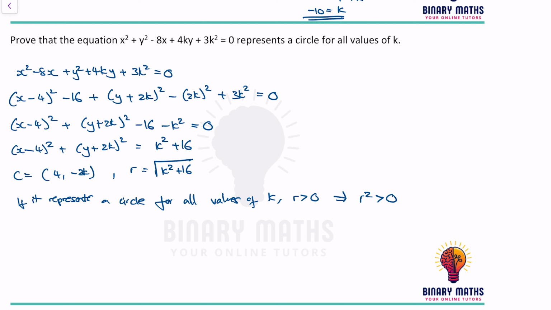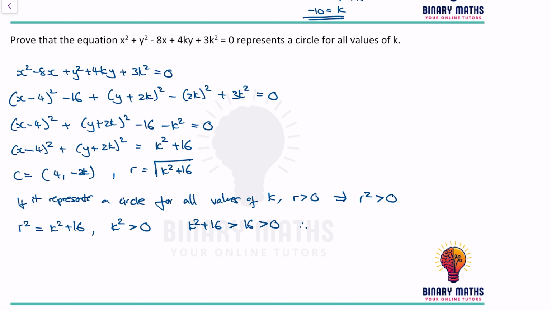Now r² is equal to k² + 16. What we do know is k², which is a square number, is always going to be greater than or equal to 0. So k² + 16 will always be at least 16, which is greater than 0.